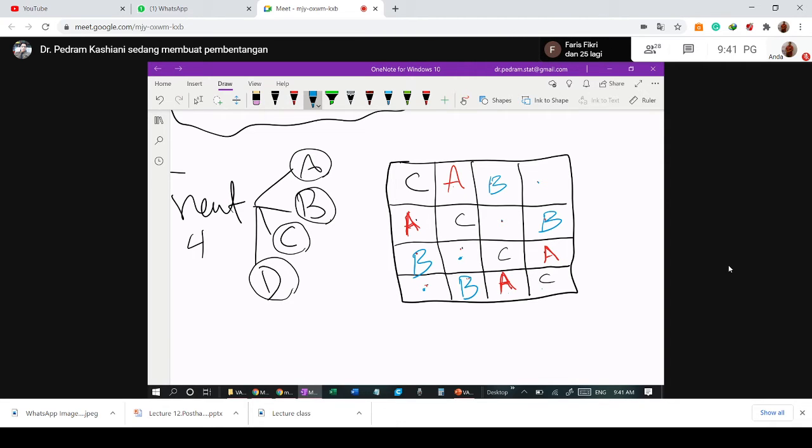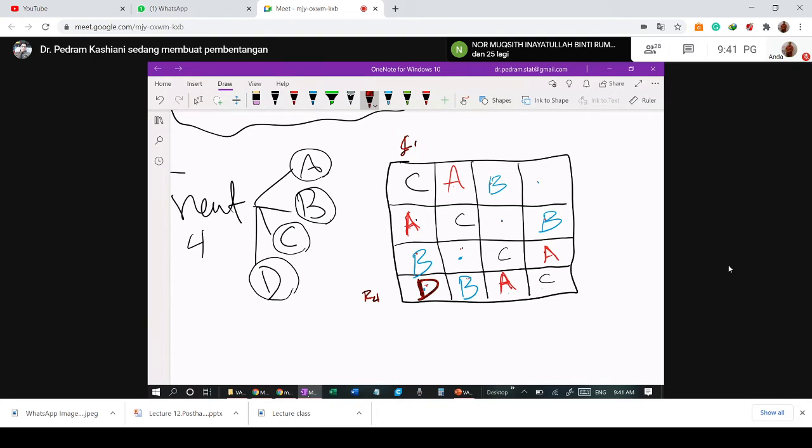And the last one left is, let me change the color, D. If I put my D here, so you can see first column, C1, has A, B, C, D. And last row, this is row 4, has A, B, C, D. Okay, good. I come here.